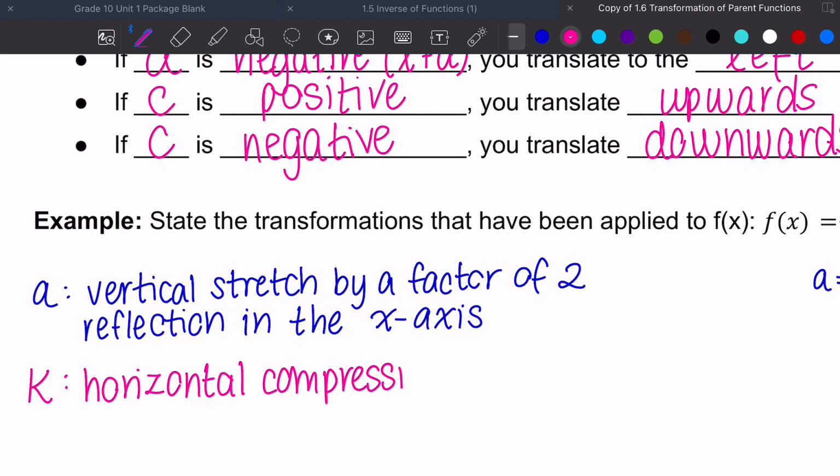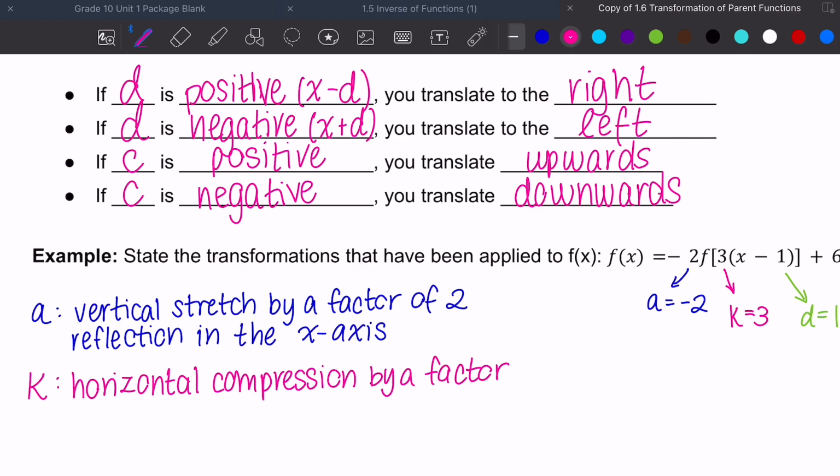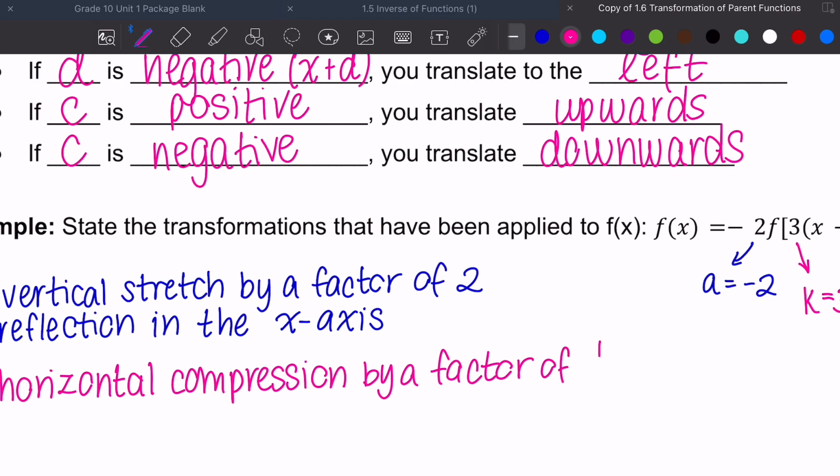Now, this one, we describe it by a factor of, but instead of saying what your number is, and I hate this rule. In high school, I absolutely hated it, and I never did it, but we are supposed to flip it when we describe it. So instead of saying by a factor of 3, we would say by a factor of 1/3.